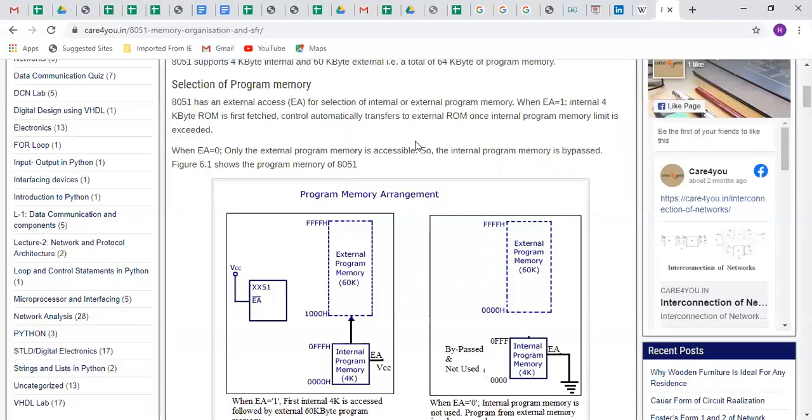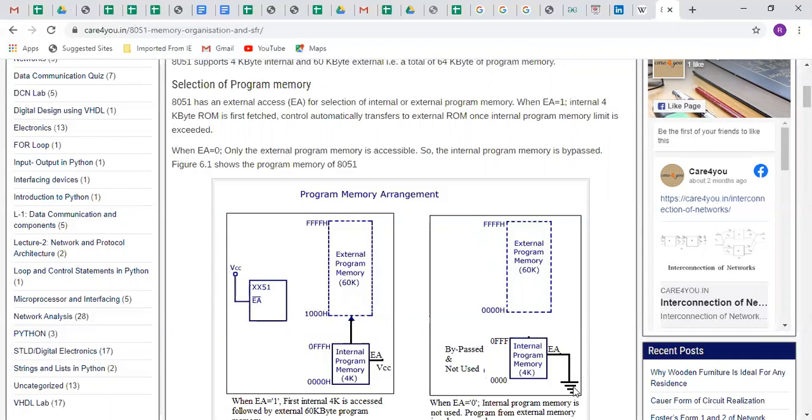Now, how is the memory accessed by the 8051 system? We know that when the pin EA bar is connected to high, we can connect an external program memory with the 8051.